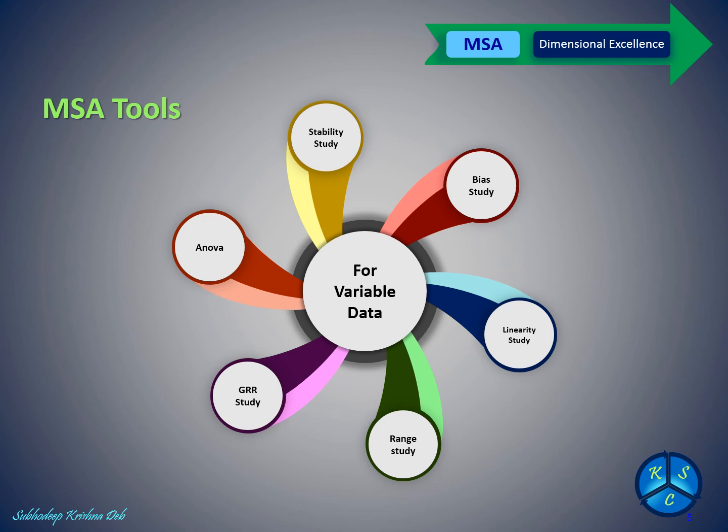Depending on the type of data, variable or attribute, we have different MSA tools. As this slide shows, there are 6 tools for variable data, of which 4 tools cover most of the requirements and help us in improving the measurement system by reducing measurement system variation. So in this course, we shall cover the stability study, bias study, linearity study and the GRR study.